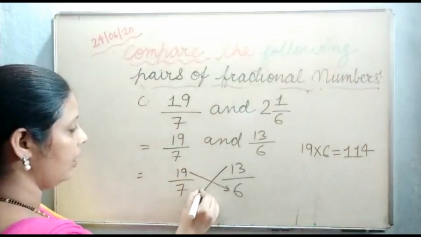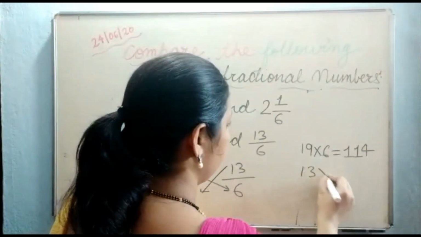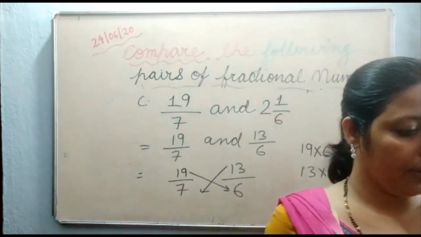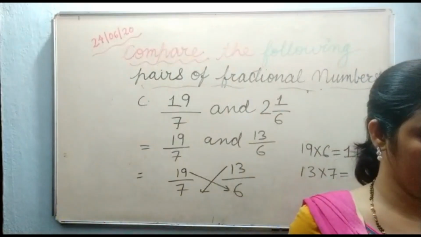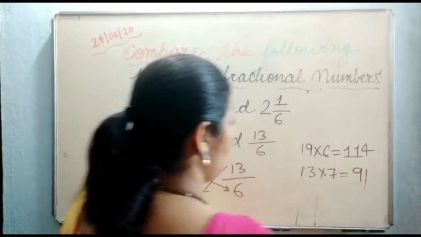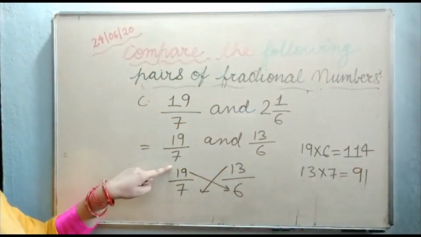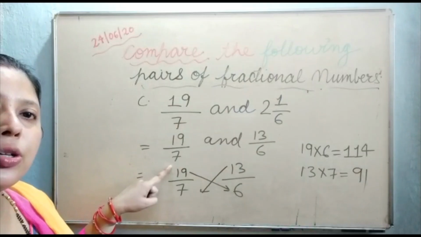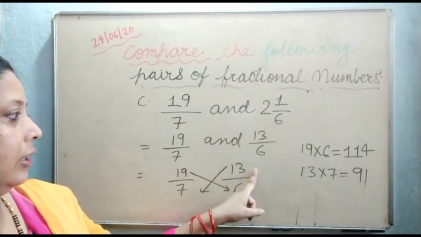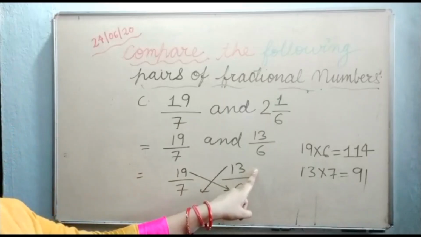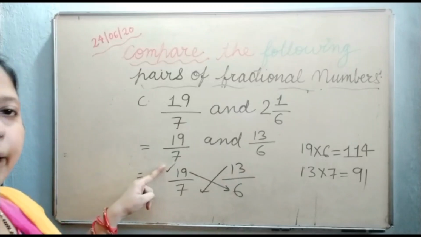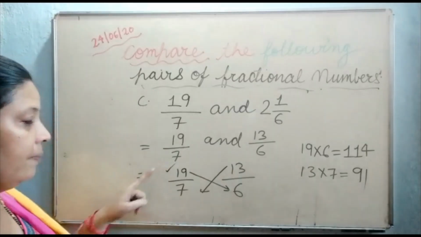And now 13 into 7. What is 7 times 13? It is 91. So when you are putting your finger here, 19 into 6 is 114 and 13 into 7 is 91. So of course you are putting your finger this side and getting a greater number.